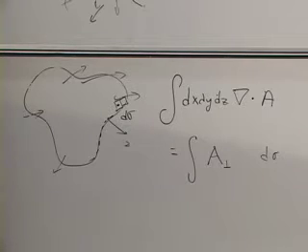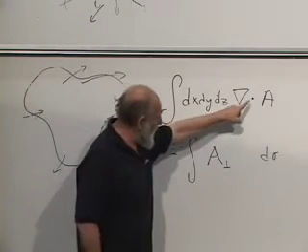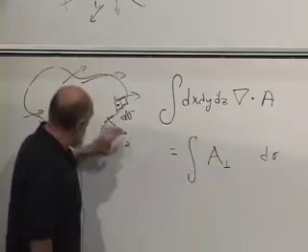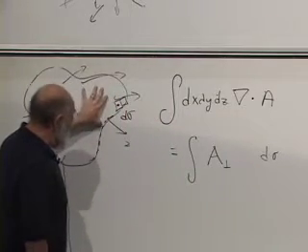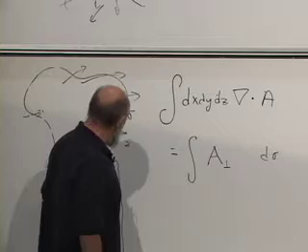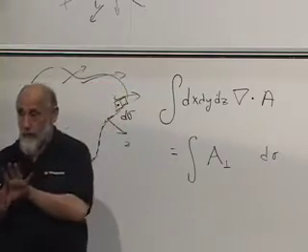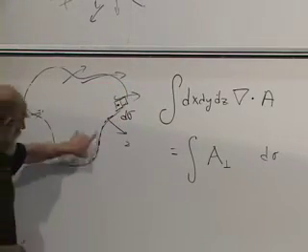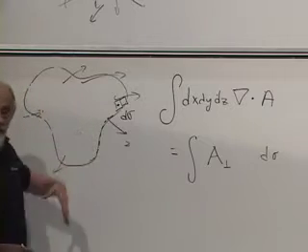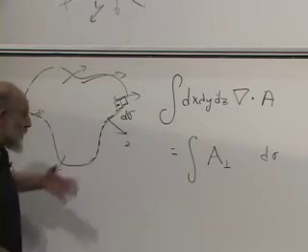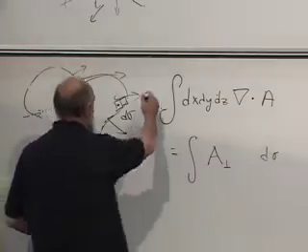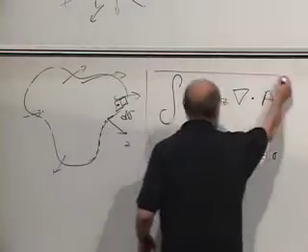This is Gauss's theorem, the relationship between the integral of the divergence on the interior of some region and an integral over the boundary where it's measuring the flux, the amount of stuff that's coming out through the boundary. Fundamental theorem.